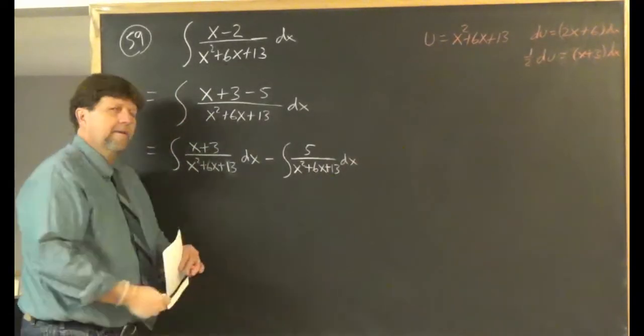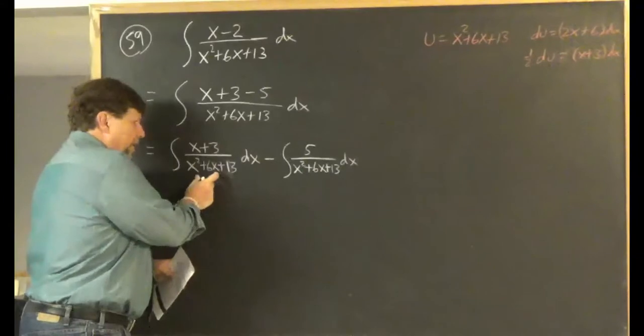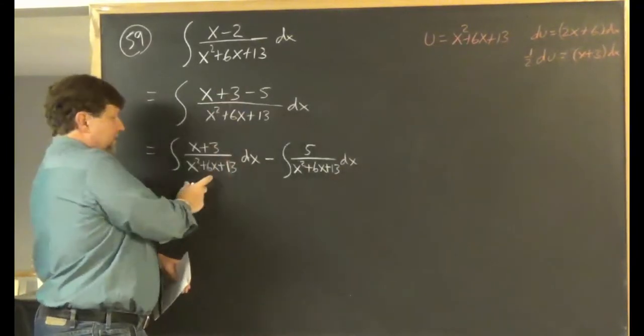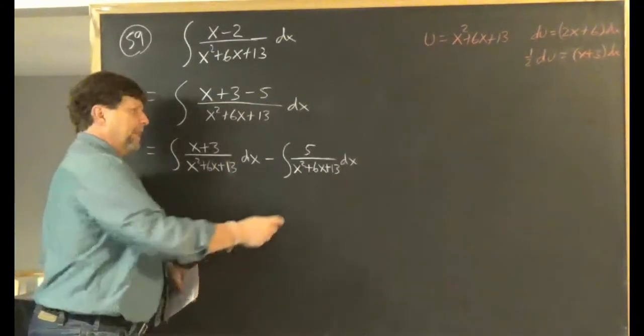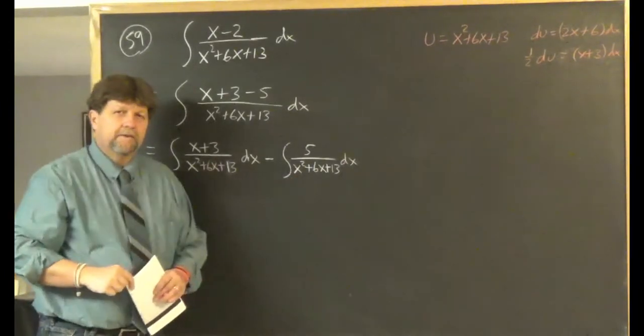That's what a common denominator is all about. We know how to attack this now. That u sub will take care of this, no problem. But what about this integral?